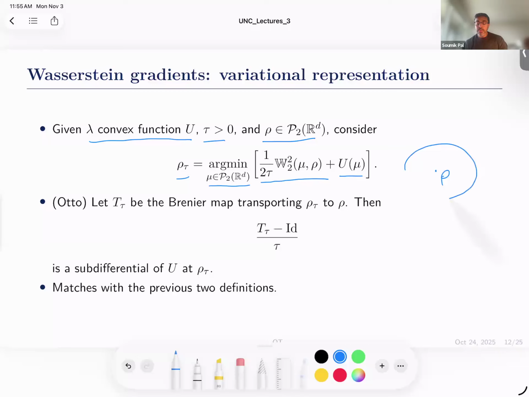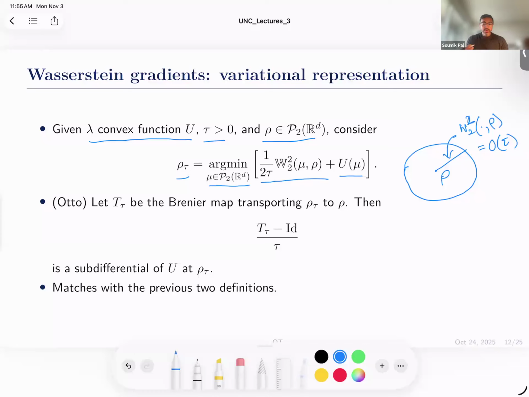I would look into a W2 ball such that the W2 squared distance from rho is of the order of tau, and I can discard everything outside of it. Because if I take something which is much bigger than tau, then I would divide by tau in the 1 over 2 tau, and tau is very close to 0. This term will become very large. And so whatever is outside this set is not going to be in your argmin.